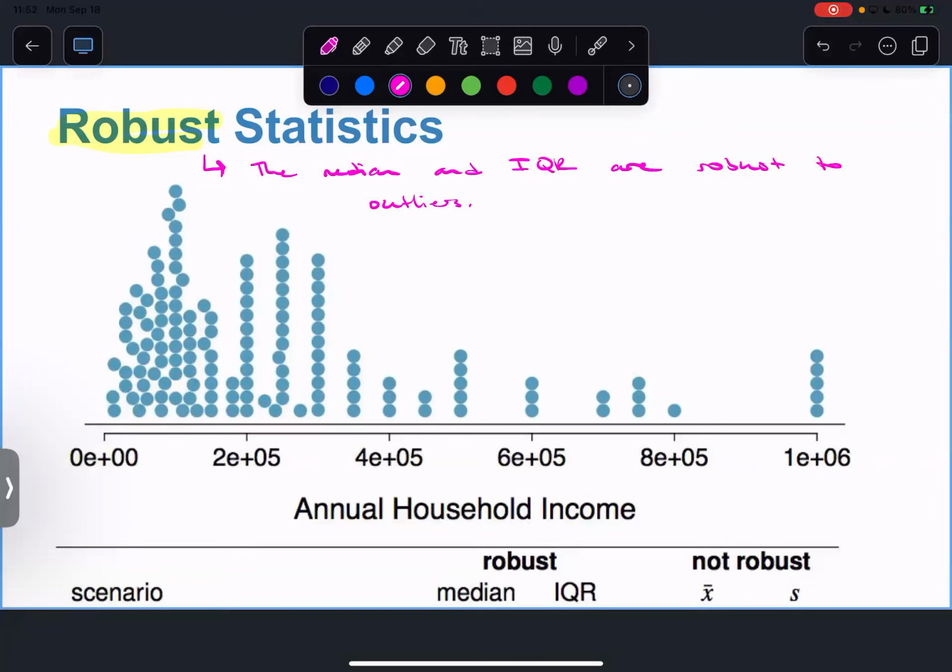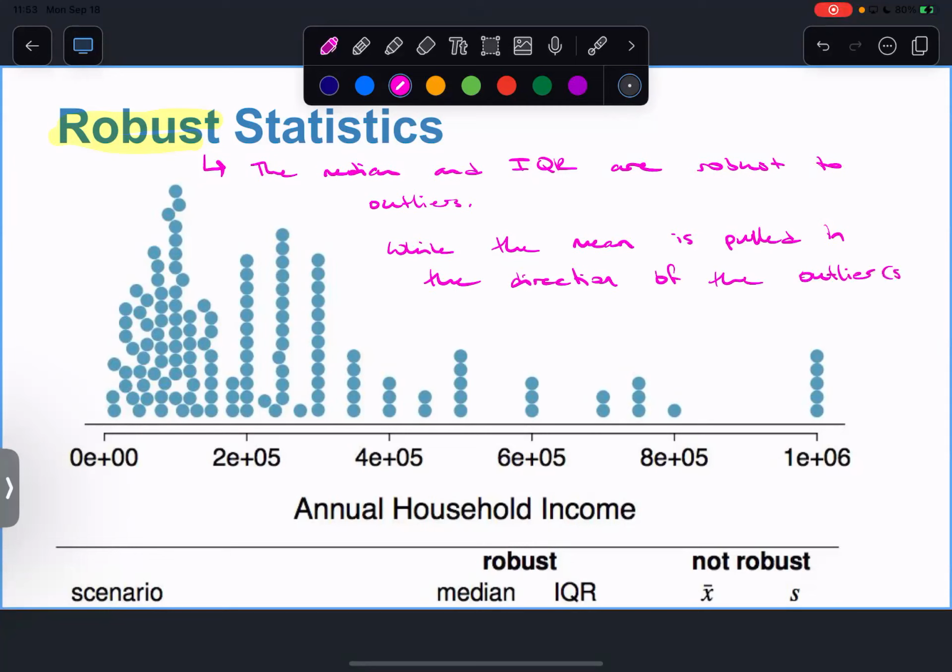So it's not robust. While the mean is pulled in the direction of the outliers, potentially more than one.